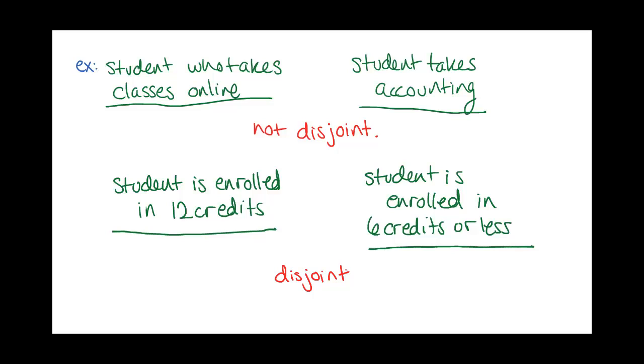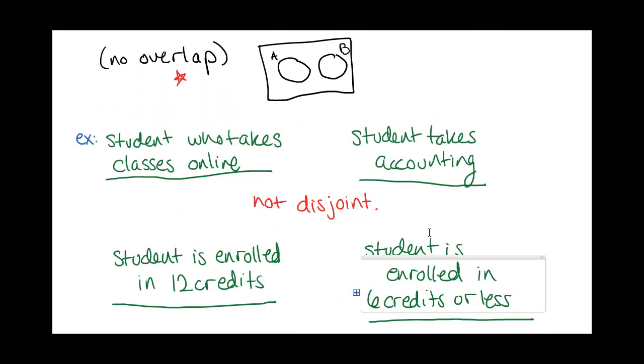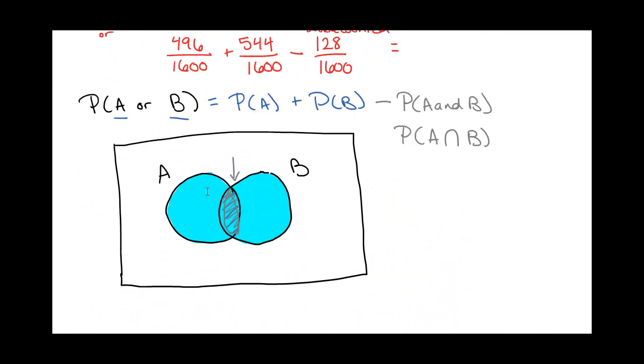And the important thing about disjoint events is that there is no overlap. So if we have the probability that a student is enrolled in 12 credits and the probability that a student is enrolled in 6 credits or less, we could just add those together for the OR probability without worrying about double counting. So in our picture here, where we had to subtract off the overlap, if your events are disjoint, there just is no overlap.